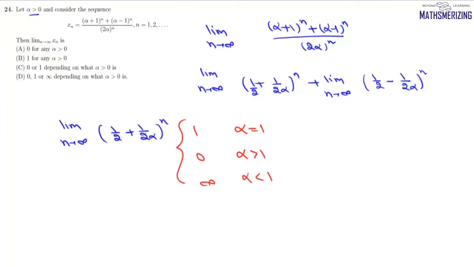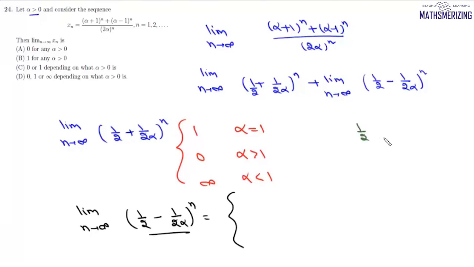Now for the second limit, which is limit n tends to infinity (1 by 2 minus 1 by 2 alpha) to the power n. Now if we take the first case, when 1 by 2 minus 1 by 2 alpha lies between minus 1 and 0.